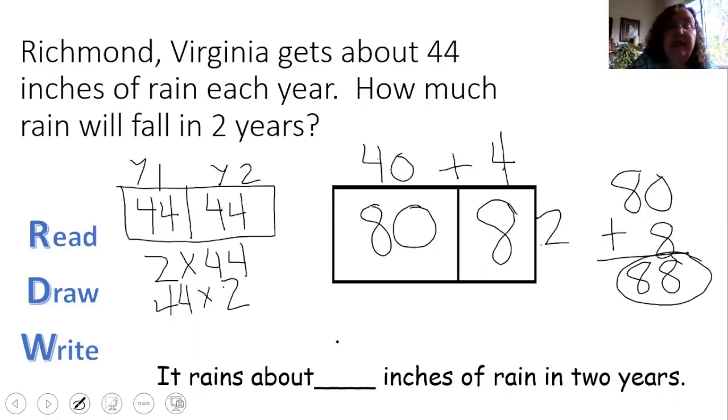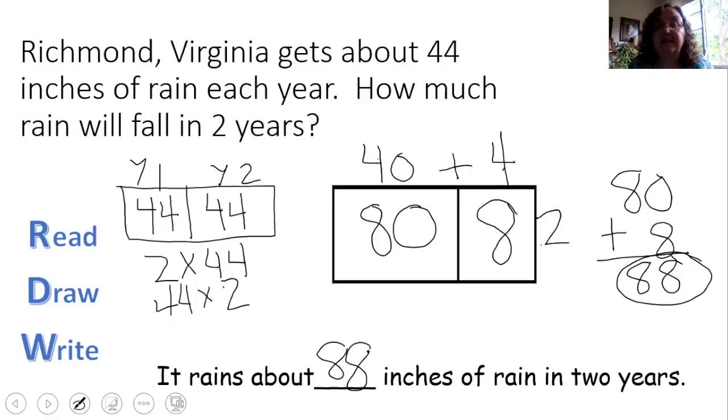And we would put 88 inches of rain. And remember, I started my sentence with a capital letter and I ended it with a period. So write your sentence down. And if you need to pause for a minute, go ahead.